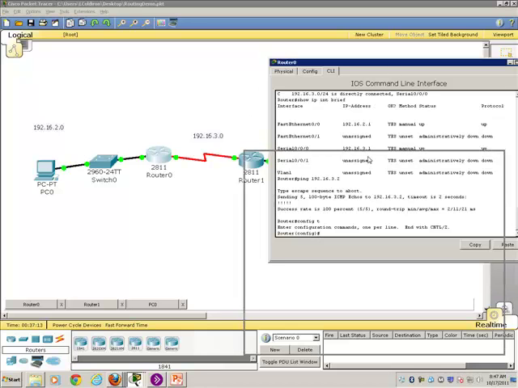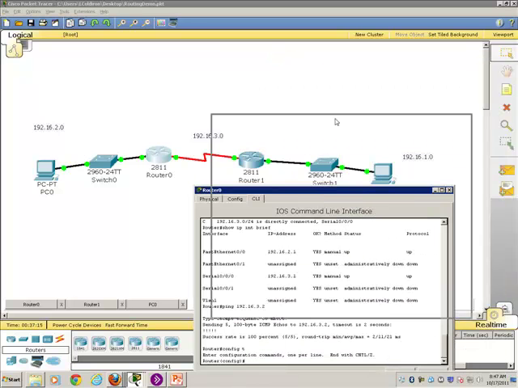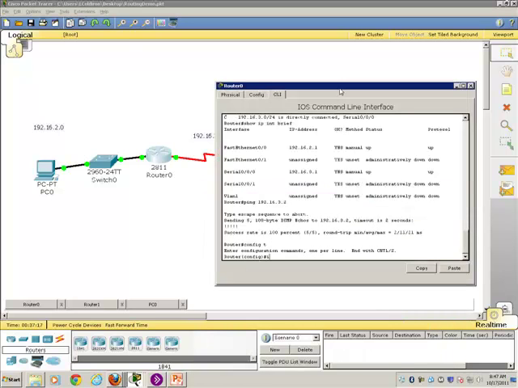The 1 network, is that right? 192.16.1? So the command IP route, we're going to give it an IP route to go to 192.16.1.0, and the subnet mask 255.255.255.0, the network that we're trying to go to.